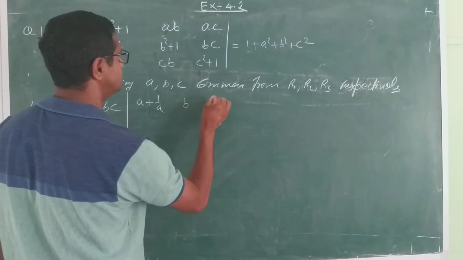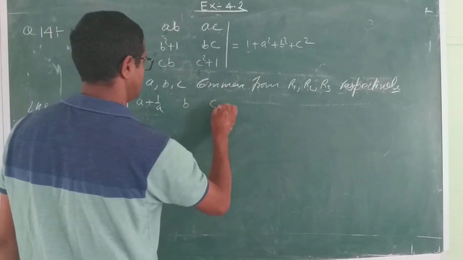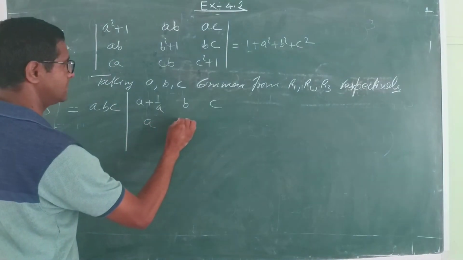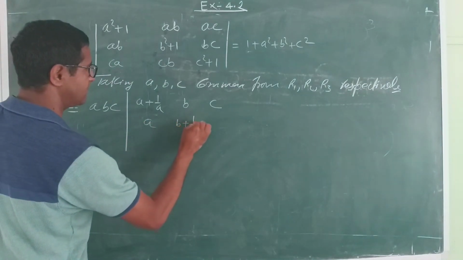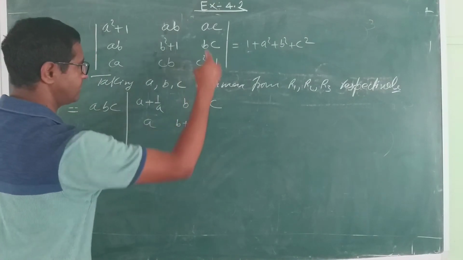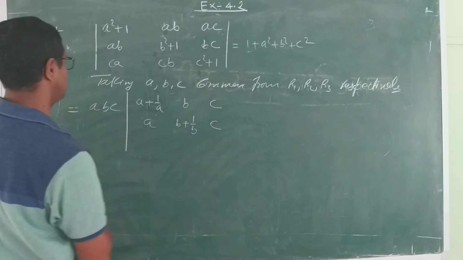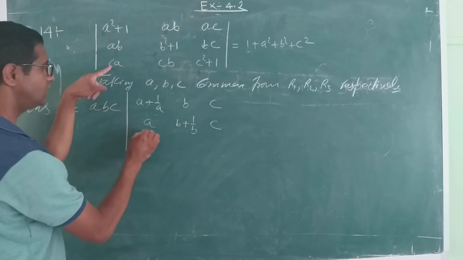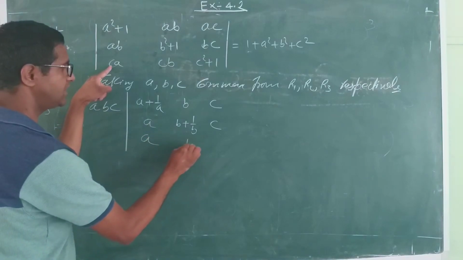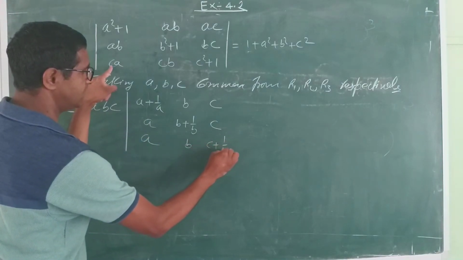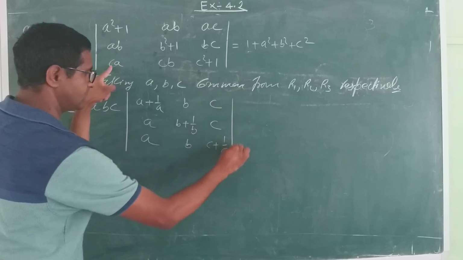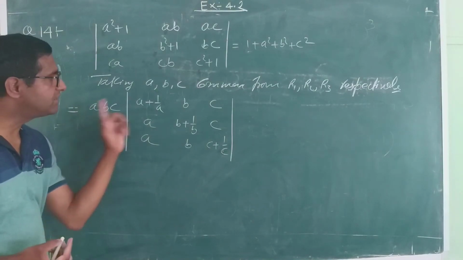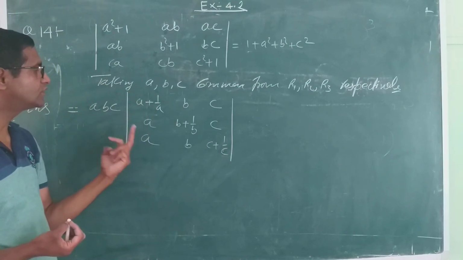This is B, this is C. Taking B common from the second row, it will be B plus 1 upon B, and C. If you take C common from the third row, it will become C plus 1 upon C. You have taken common A, B, C from the first row, second row, third row.